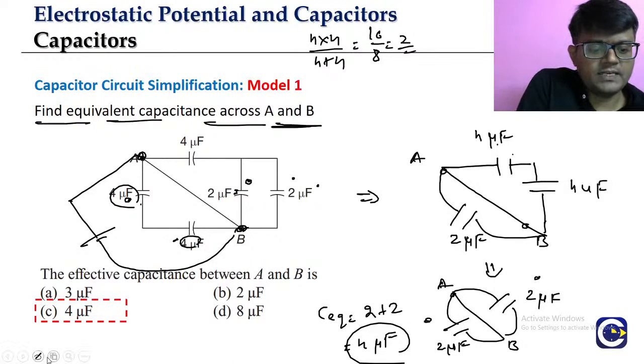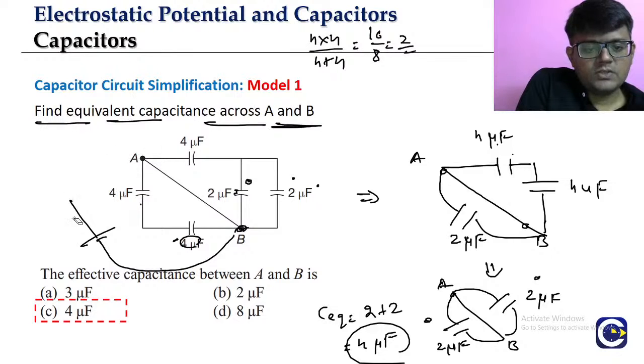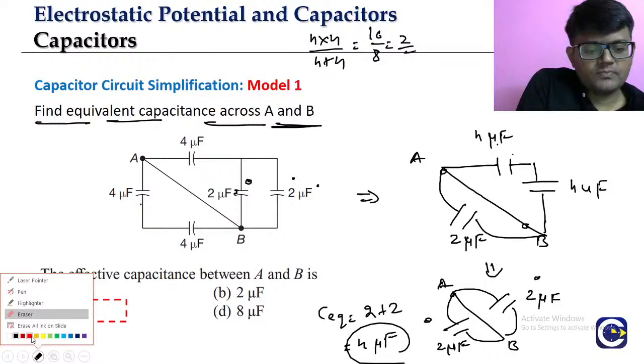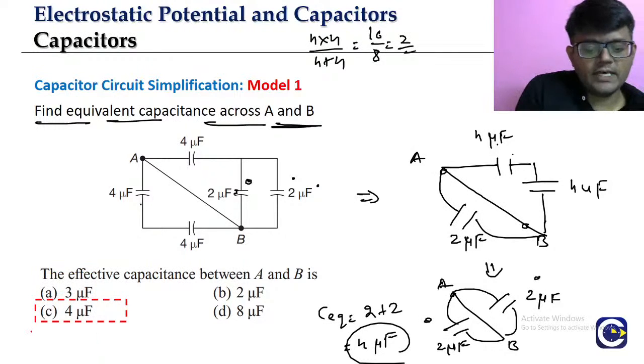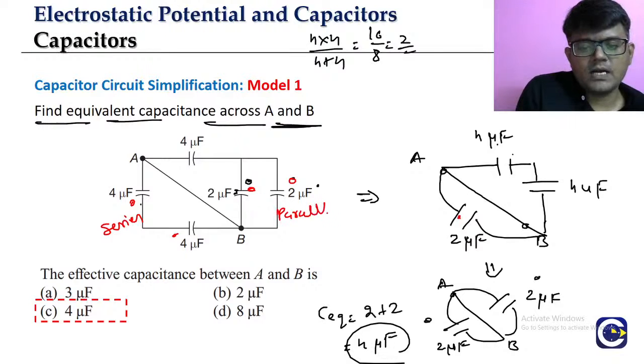Okay, so first, look. Here the 4 and 4 are in series. If we simplify these two, what are you getting? 2. Similarly, the 2 and 2 here are in parallel. If we simplify those two, we get 4.